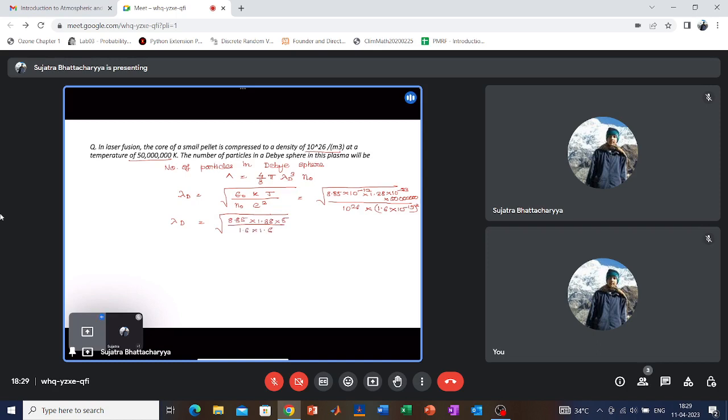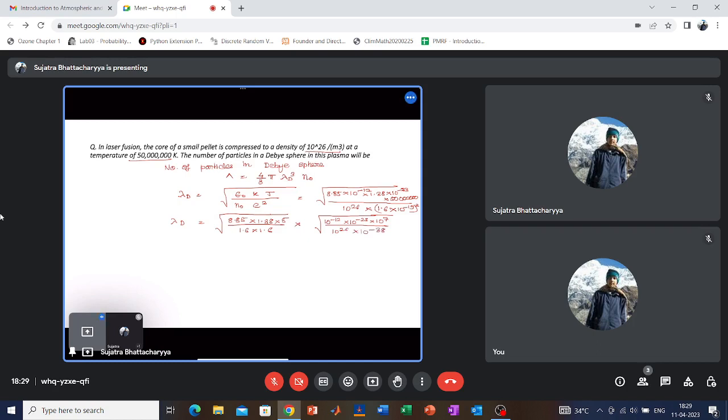All powers I have separated here. So the powers are 10 to the power minus 12, 10 to the power minus 23, and 10 to the power 6 into 10, that is 10 to the power 7, divided by 10 to the power 26 into 10 to the power minus 38.